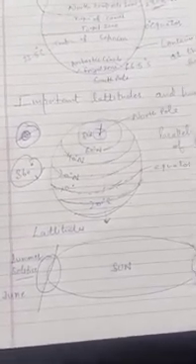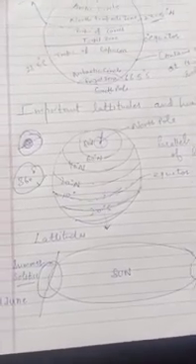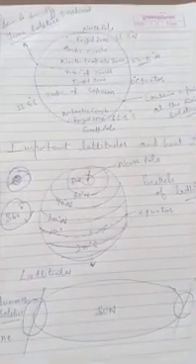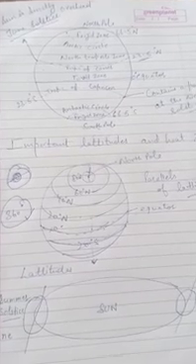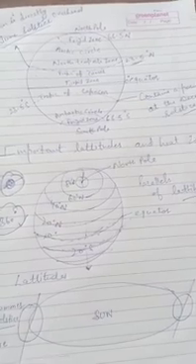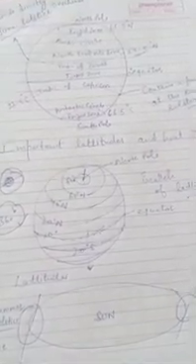This position of the earth we call the summer solstice. The longest day of the year is 21st June.